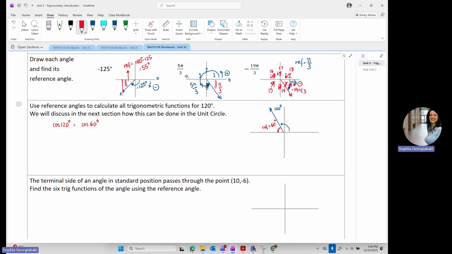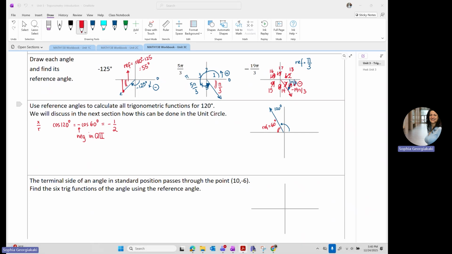Only the cosine is x over r, and x in quadrant 2 is negative. Therefore, the cosine of 120 degrees will be negative. Cosine of 60. The cosine of 60 is 1/2. So I'm expecting the cosine of 120 to be negative 1/2.